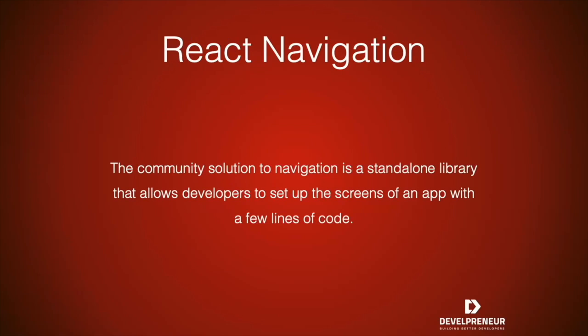React Navigation, the community solution to navigation, is a standalone library that allows developers to set up the screens of an app with a few lines of code. Before we begin, we need to install some additional dependencies for npm and Expo.